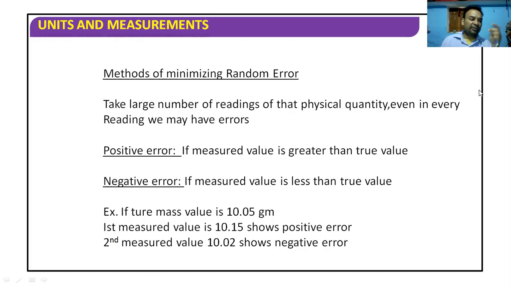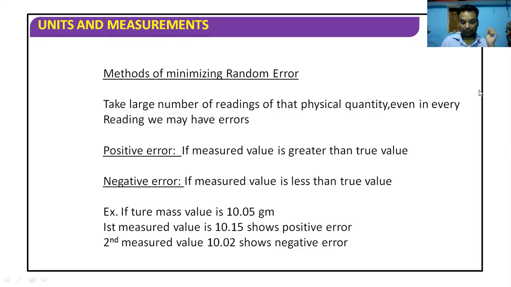In those 10 readings we may have two types of error, either positive error or negative error. If the measured value is greater than the true value, then it is a positive error. But if the measured value is less than the true value, then it is a negative error.